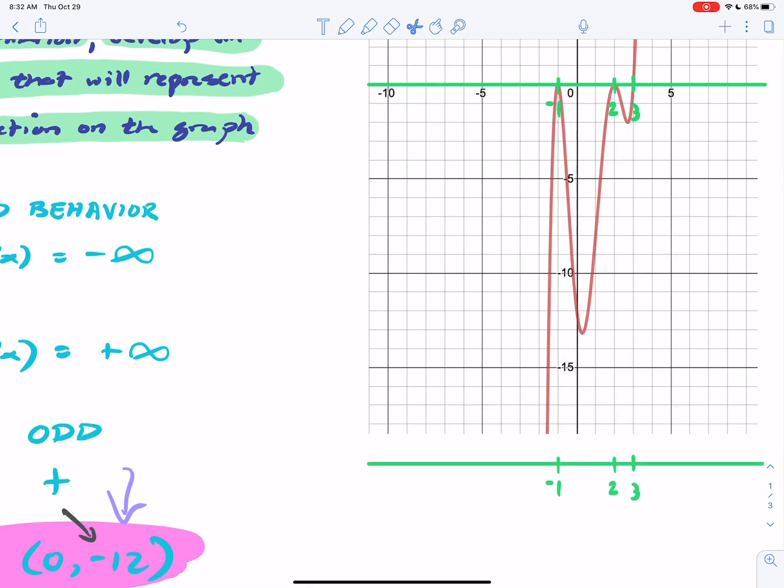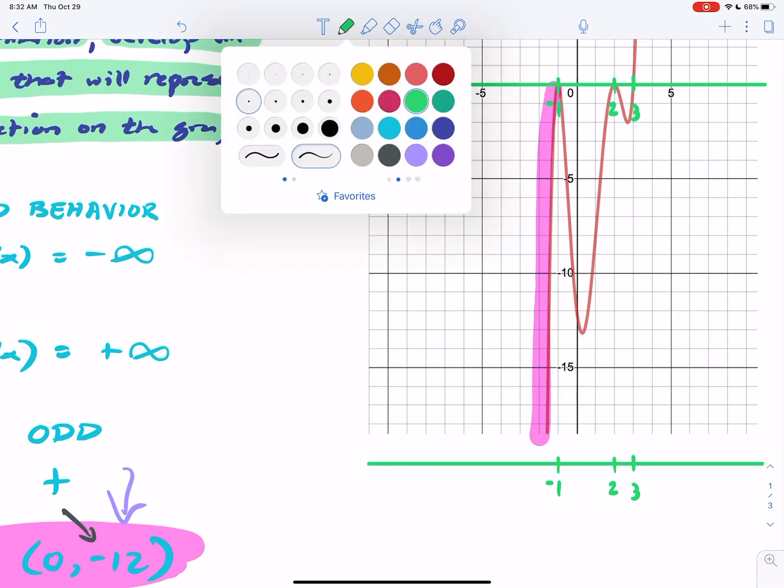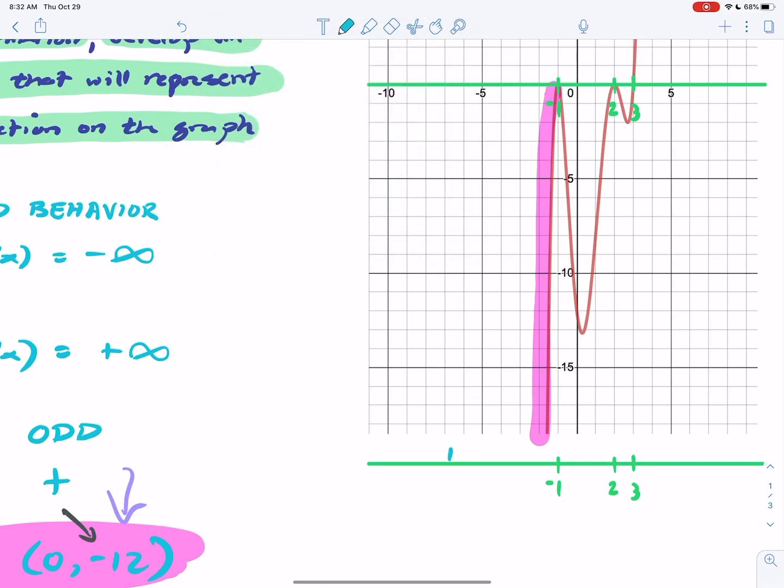Based on this picture, everything prior to -1, notice how the graph is below the x-axis. So right here, we have a negative. Okay? Anywhere in between -1 and +2 is also below the x-axis, implying that these values are also negative.